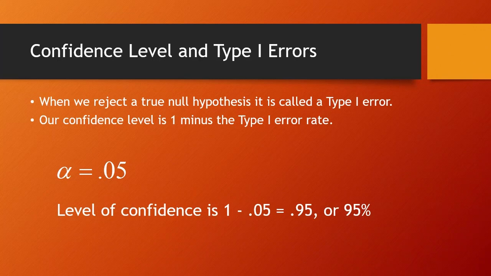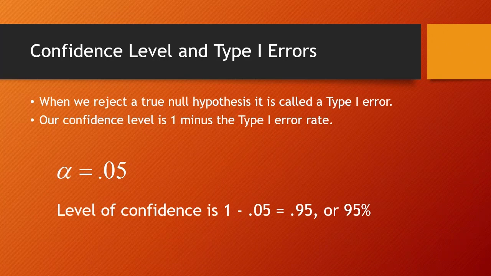When we reject that null hypothesis, if the null hypothesis is true, if in fact we made the right guess, but then we throw it out, we reject it, we call that a type 1 error. We don't want that to happen. If the null hypothesis is true, we don't want to reject it, we want to keep it or retain it.